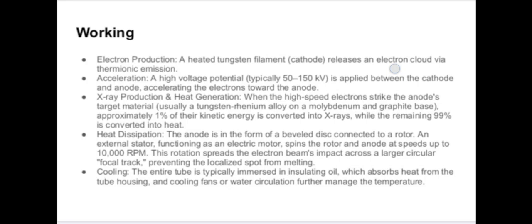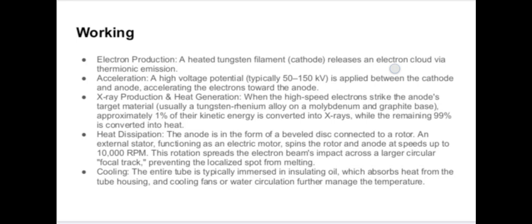This rotation spreads the electron beam's impact across a larger circular focal track and prevents the localized spot from melting. Next is cooling. The entire tube is immersed in insulating oil, which absorbs the heat from the tube housing, and cooling fans or water circulation further manage the temperature.